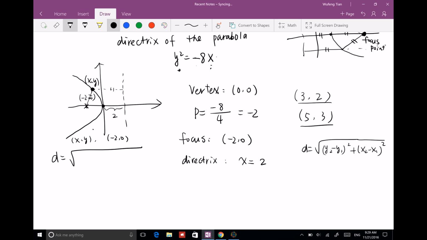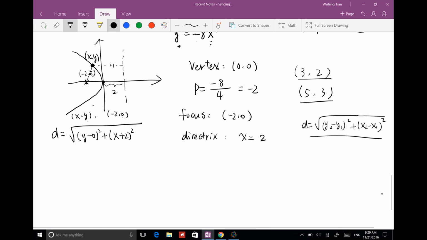Okay. So the distance formula for this one, if I give you this, can you tell me the distance of this one? Zero minus y, or you can use y minus 0, it's fine. So it's y minus 0 squared plus x plus 2 squared.